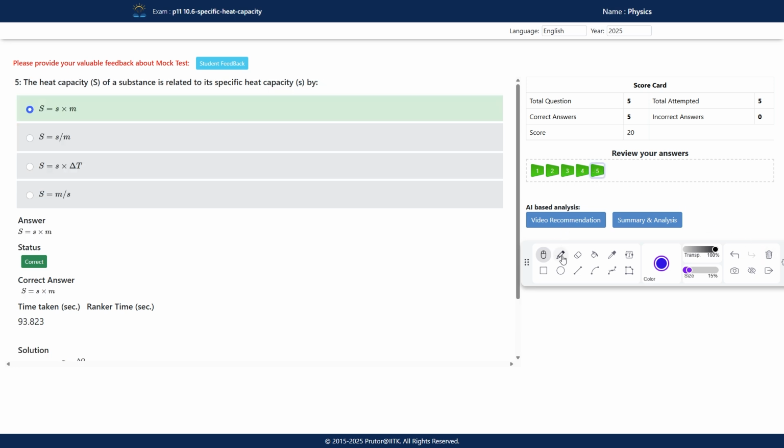And last one: the heat capacity S of a substance is related to specific heat capacity small s by what? Here you have to find the relation.